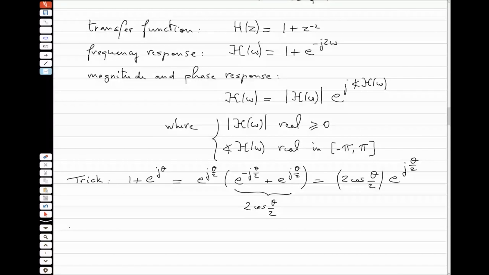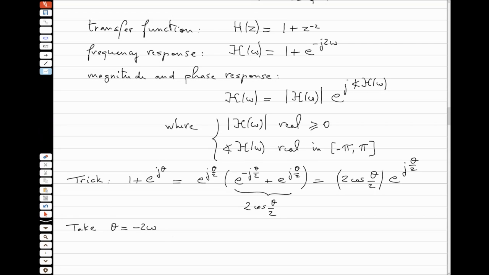All right. So take theta equals minus 2 omega. Replace theta by minus 2 omega. You will get this, right?